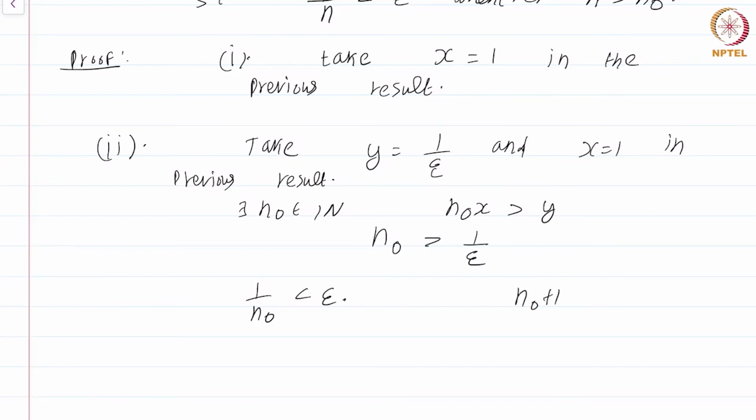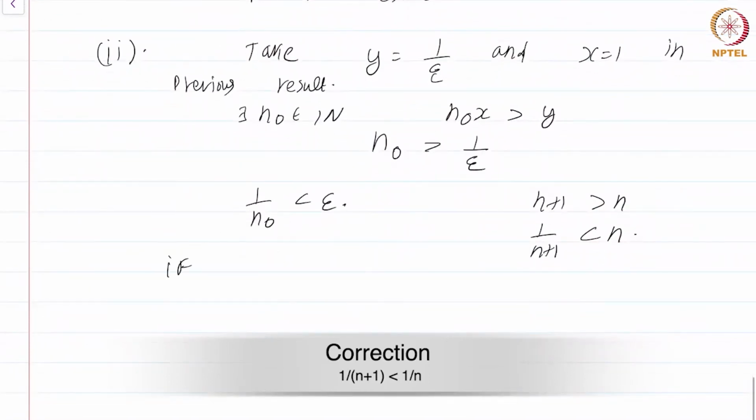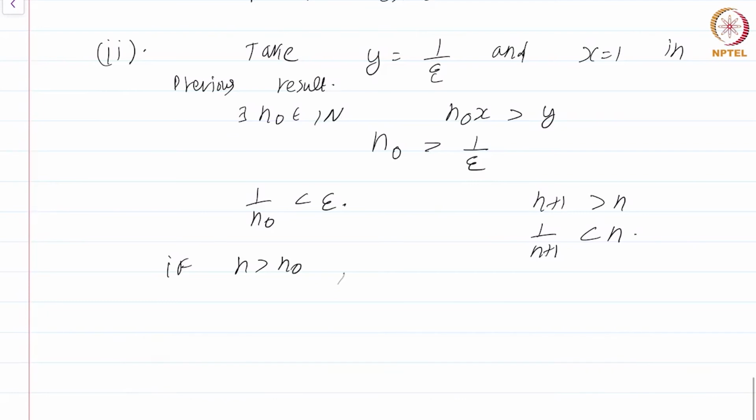But from the fact that n plus 1 is greater than n, we immediately get 1 by n plus 1 is less than 1 by n. So if n is greater than n naught, then 1 by n is also less than epsilon.